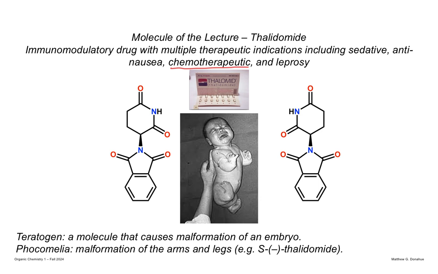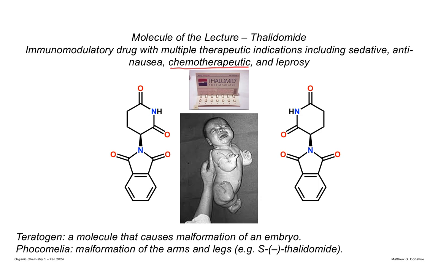But back in the 40s and 50s, it was used and marketed to pregnant women as an anti-nausea drug. So one of the symptoms of being pregnant is morning sickness, where you can't hold anything down and you're puking a lot. And so that's not good for the development of a fetus that needs nutrients to grow.